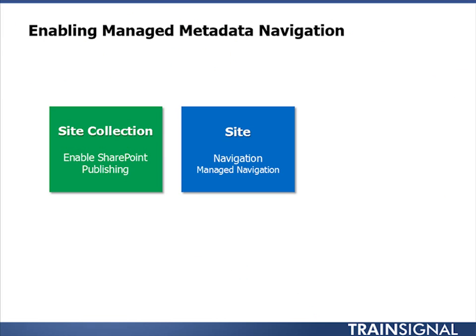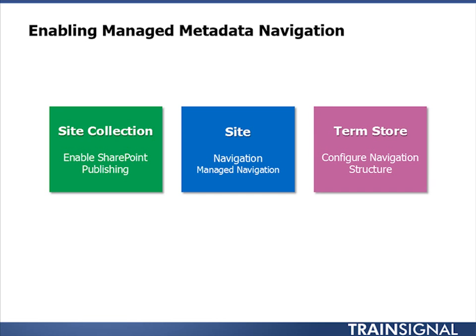We then, at the site level, need to go in and enable our managed navigation. And then finally, we'll need to go into the term store and actually configure how our navigation is going to look. Let's go in and set up our managed metadata navigation on our public site.